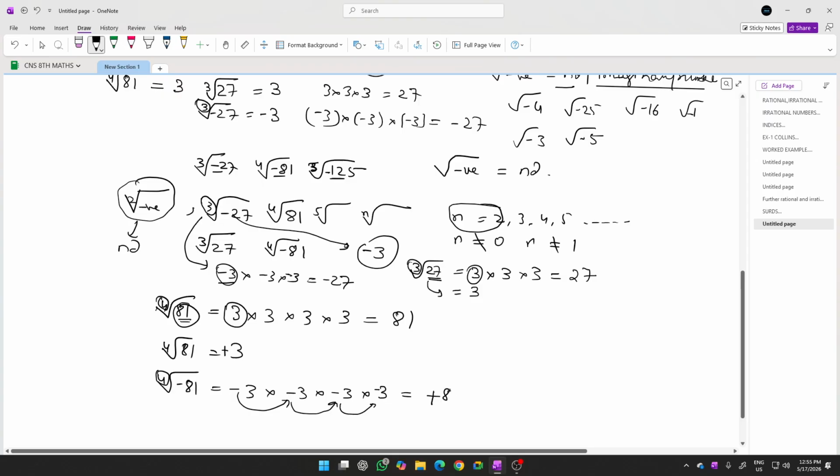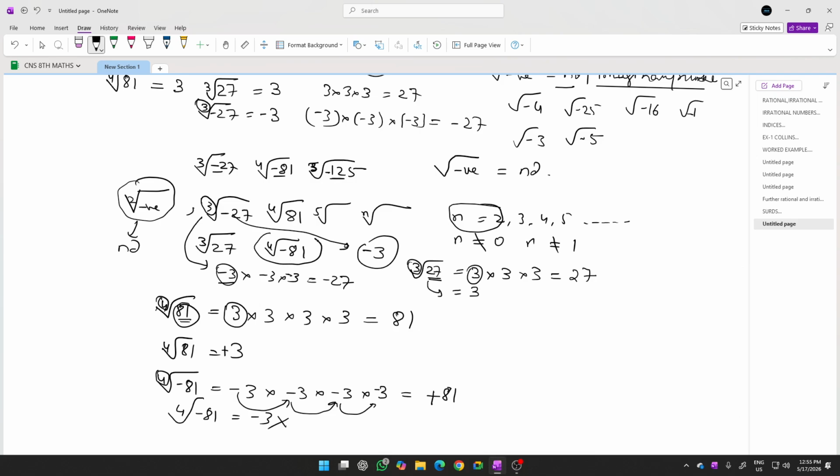So here you are getting plus 81. So you cannot say that 4th root of minus 81 is minus 3. This will be wrong. So 4th root of minus 81 does not exist.